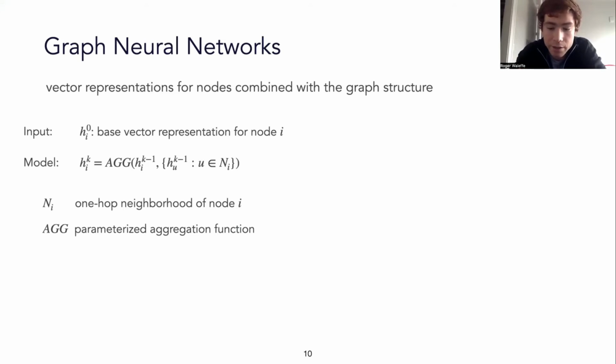And here the aggregation function is some parameterized model-dependent function that is learned and largely what distinguishes one GNN from another. And it's important to note that this neighborhood aggregation doesn't have to utilize all the neighbors of a node. Sometimes it's sufficient or necessary to sample subsets of neighbors as the graph becomes large.